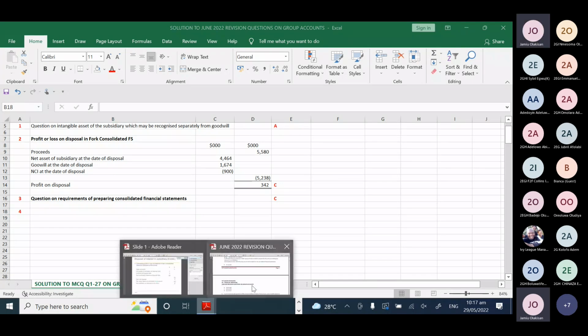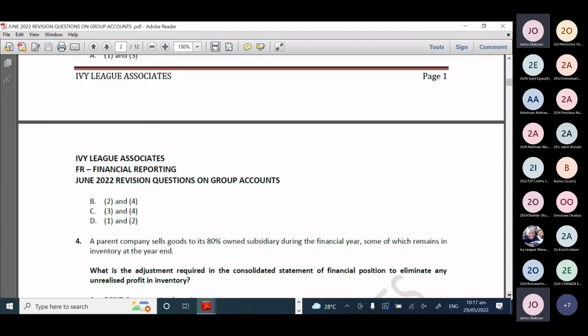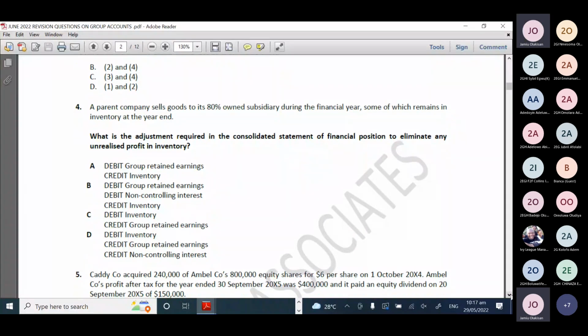Question 4. A parent company sells goods to its 80% owned subsidiary during the financial year, some of which remains in inventory at the year end.